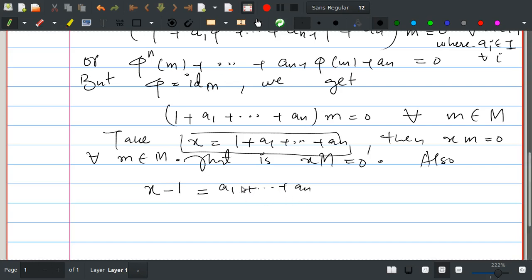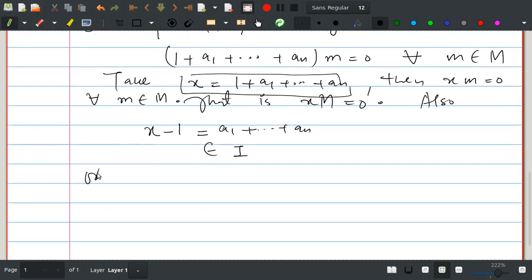Now all these ai's being elements of I, this is an element of I, or x is congruent to 1 mod I. So this proves our claim.